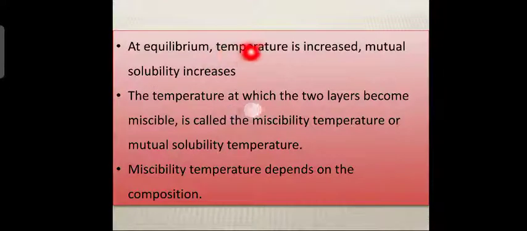The temperature at which the two layers become completely miscible is called the miscibility temperature or mutual solubility temperature. Miscibility temperature depends upon the composition of phenol and water.